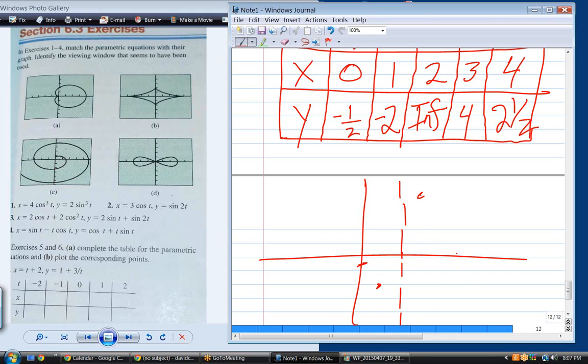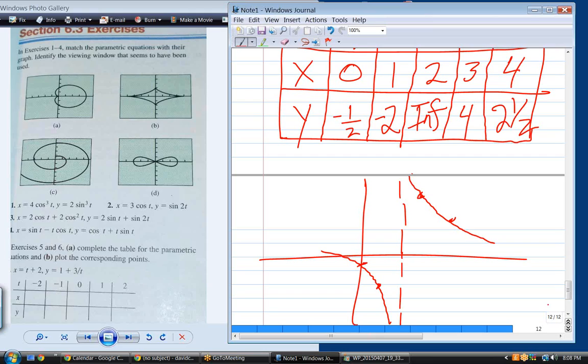When x is 4, y is 2.5. There's our curves right there. Looks to be hyperbolic functions. In other words, once I've taken my two parametric equations and made a table, I can basically eliminate the parameter because I have a series of xy points, coordinates, and I can graph it and then connect the dots.